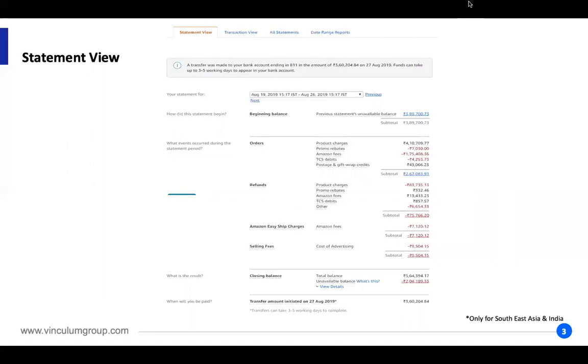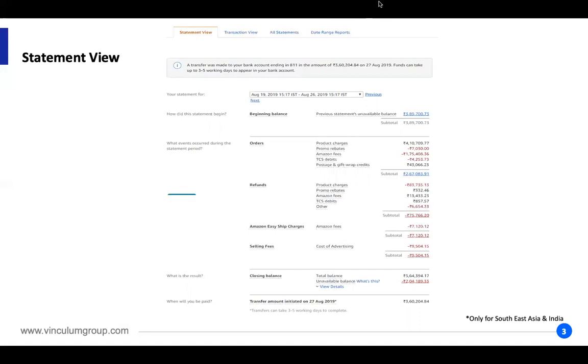I've taken a sample statement view where you can see certain indicators like beginning balance, the orders, the charges in terms of the product charges, the rebates that you have got, the fees that Amazon has taken from you, the TCS, which is the tax collected at source that the marketplaces deduct whenever they settle any payments, and then there are other charges such as postage and gift wrap.